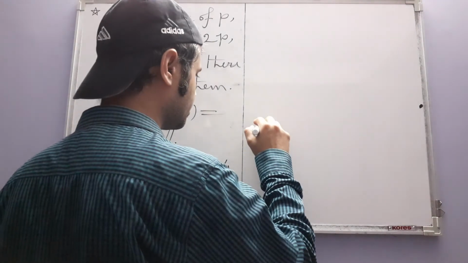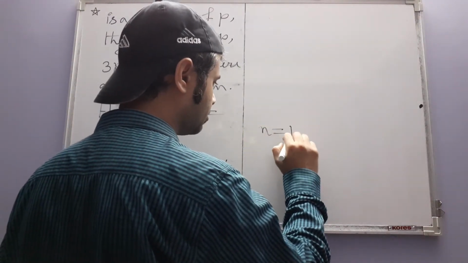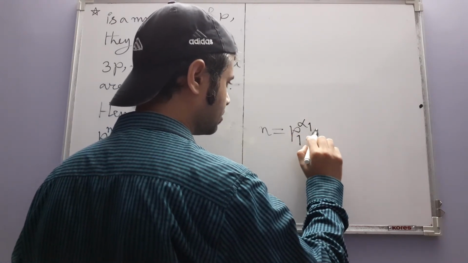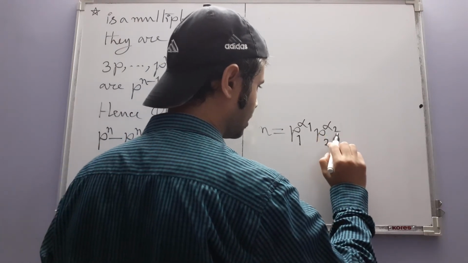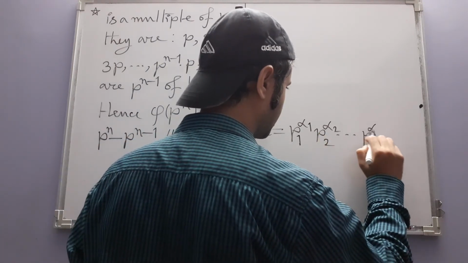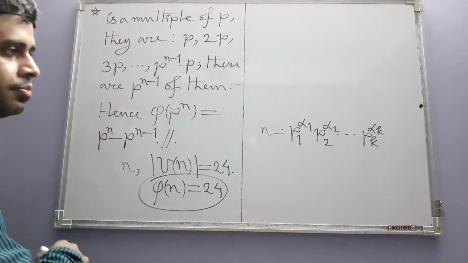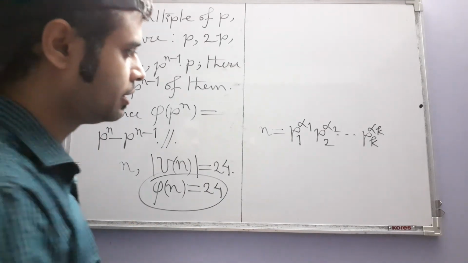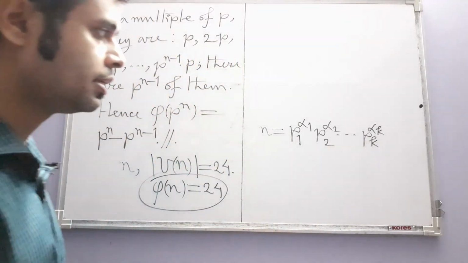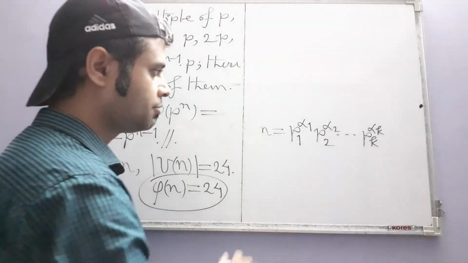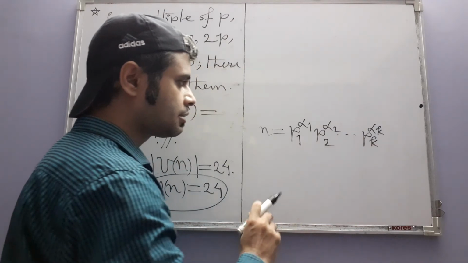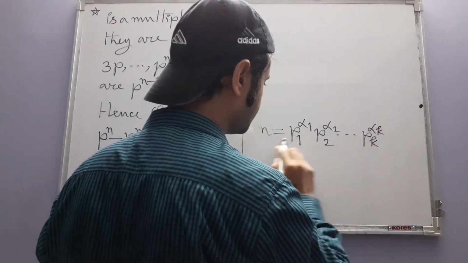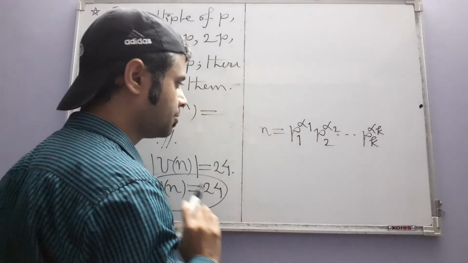That is, say the prime factorization of n looks like this: p1 to the power alpha 1, p2 to the power alpha 2, etc., pk to the power alpha k, where the exponents alpha are all positive integers and the p_i's are all distinct primes. I am considering positive integers because if 0 appears somewhere, that anyway can be disregarded.